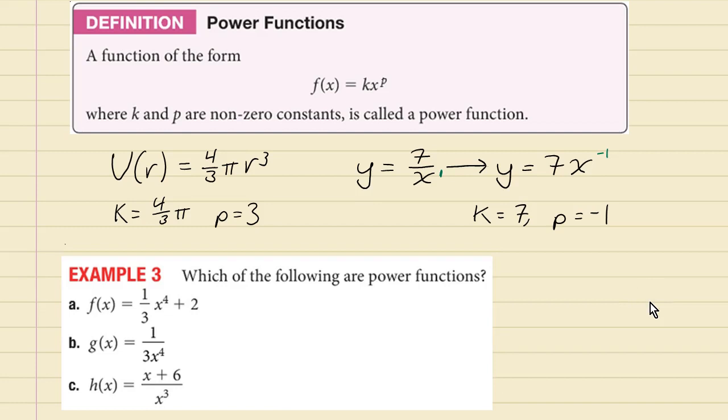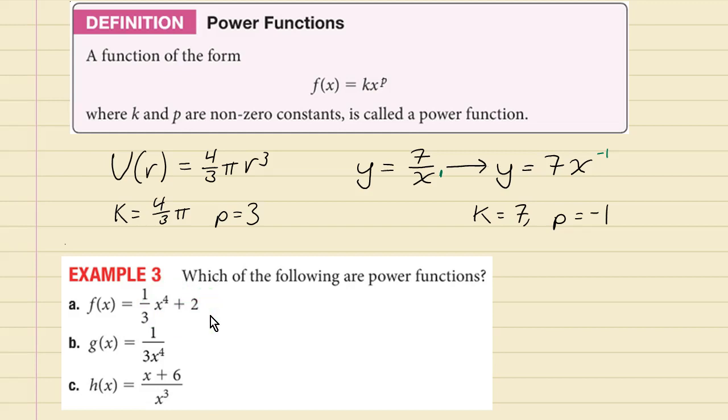All right, so here's an example of where we can figure out if these are power functions. We have these three examples of functions, f, g, and h. Which one of them can we write in this form? With this one, there's this +2. There's no way to combine these two terms. This one has an x to the 4th, and this one doesn't have an x.